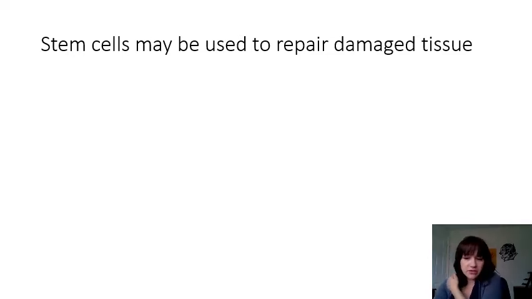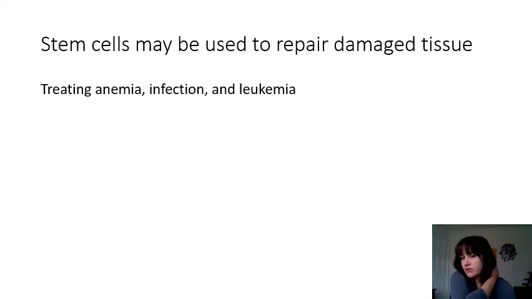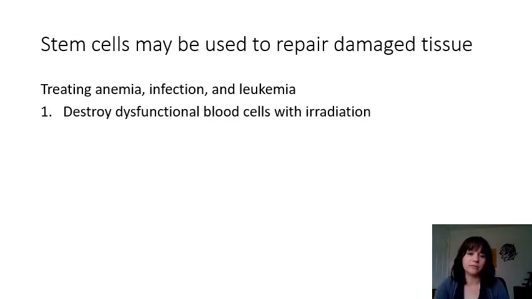In some tissues and in some organisms, stem cells can repair damaged tissue. And in humans, a good example we have is the use of stem cells for diseases of the blood, such as anemia, really bad infections, and leukemia. In these diseases, you've got blood cells that are not functioning properly.